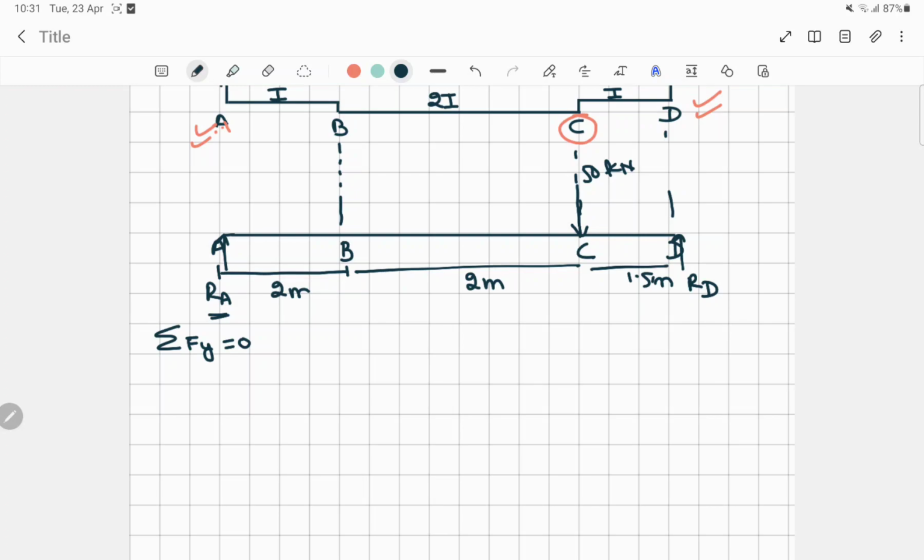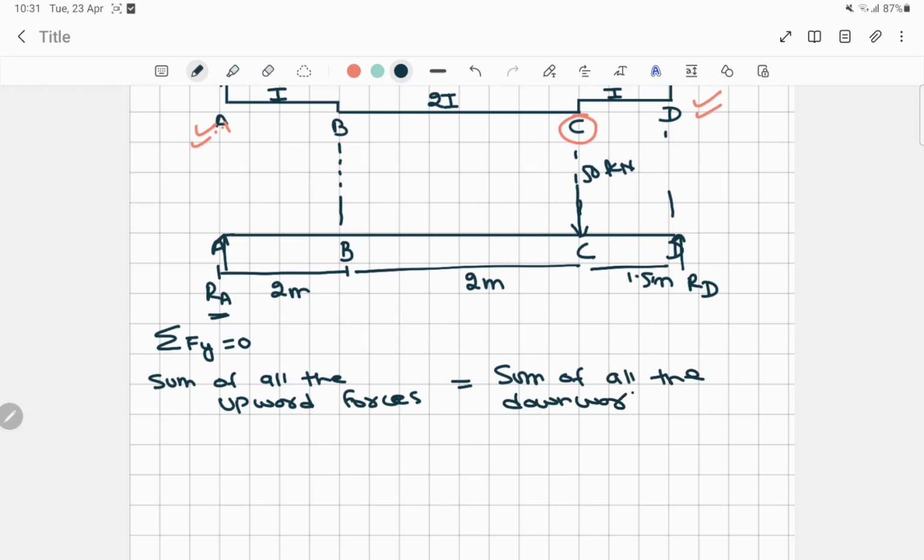That means the sum of all the upward forces is equal to the sum of all the downward forces. What are the upward forces?